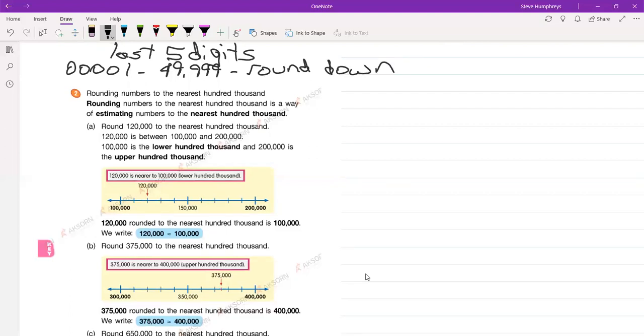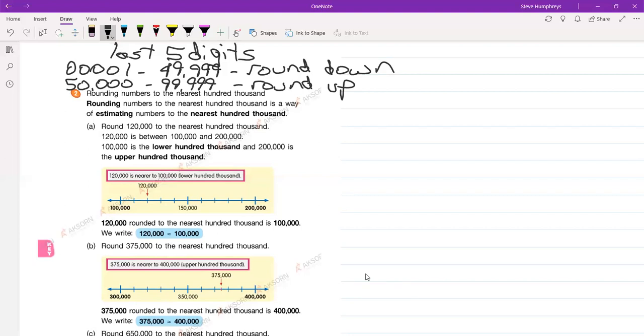If the last 5 digits are between 50,000 and 99,999, we need to round up to the nearest multiple of 100,000.